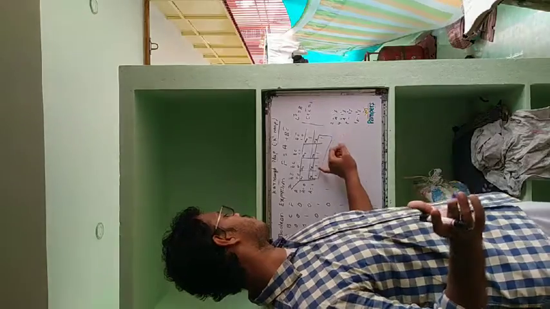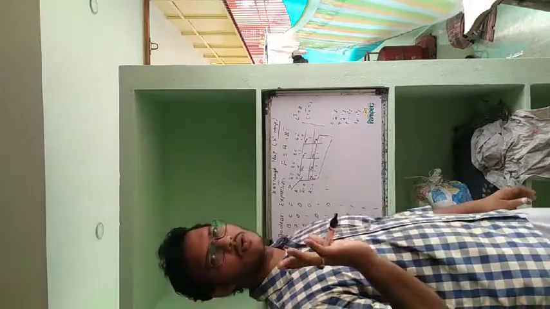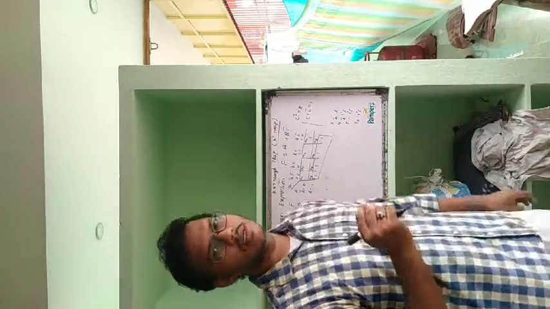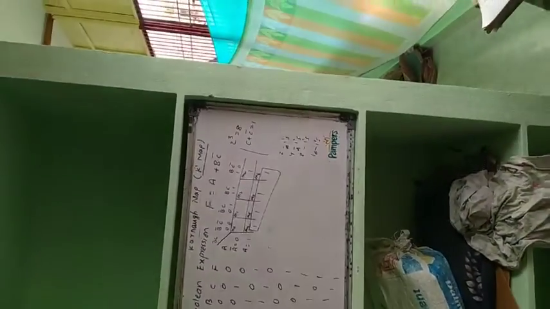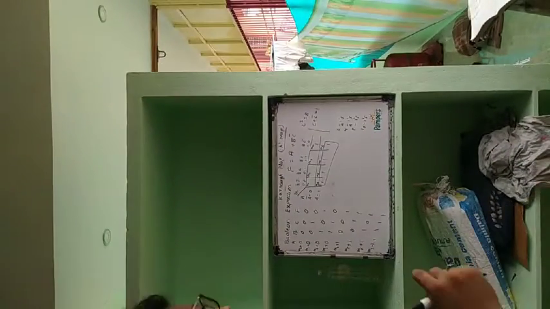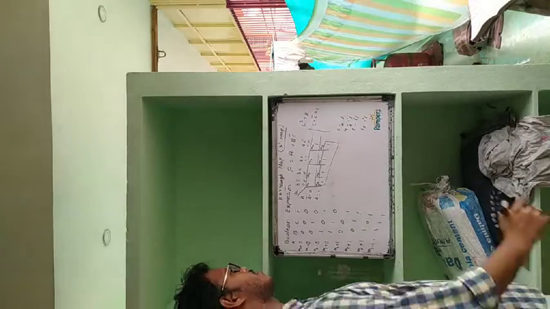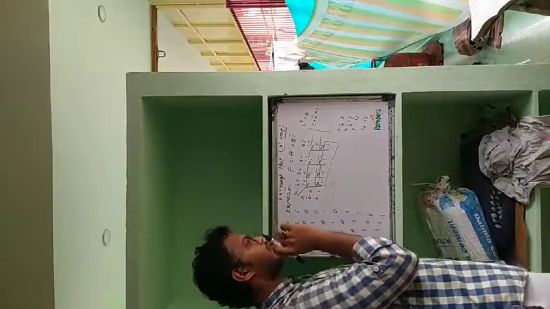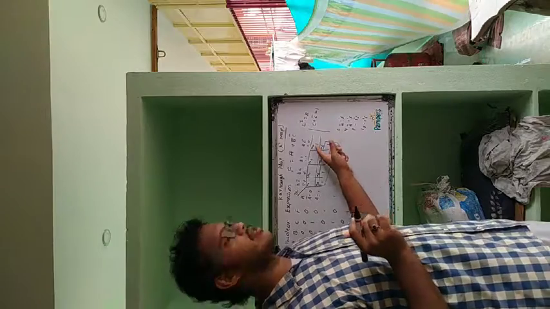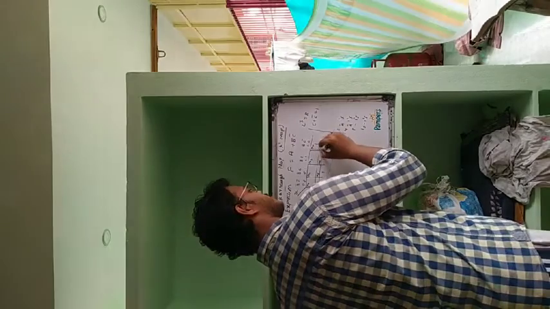We have 1, 1, 1, 1, so we have 4 ones here. Here we have another one, so make it a pair.